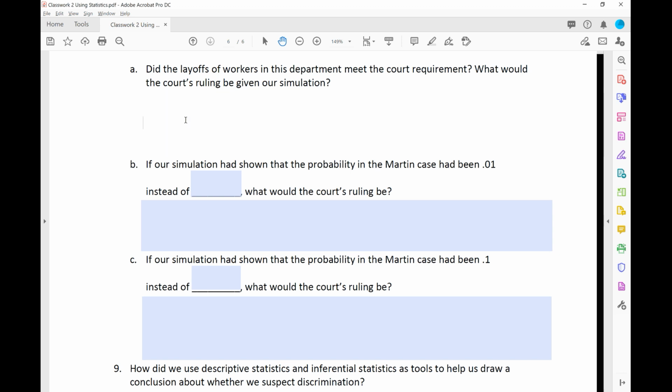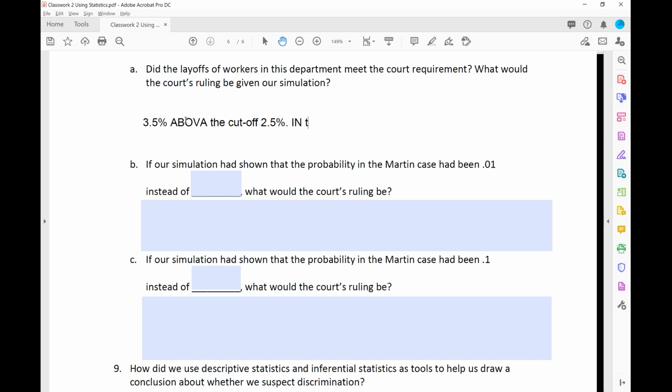I found a probability of about, I'm just going to round, about 3.5%. And this is above the cutoff that we discussed of 2.5%, right? The legal cutoff. So if it was below 2.5%, it could be used as evidence of discrimination.